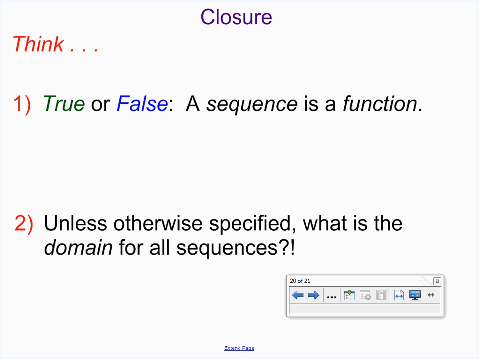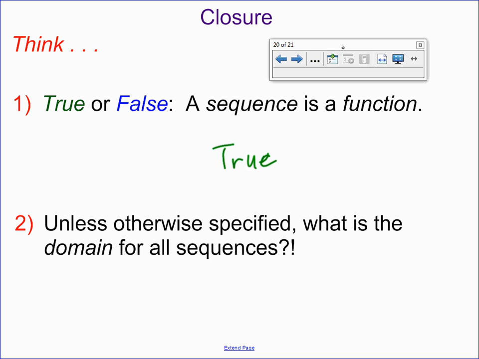What have you, green for that? I want PDFable, column. And lastly, unless otherwise specified, what is the domain? The domain is going to be the collection of all counting numbers, the natural numbers 1, 2, 3, 4, 5. We'll call that the counting numbers, the term numbers, starting with 1 unless otherwise specified.